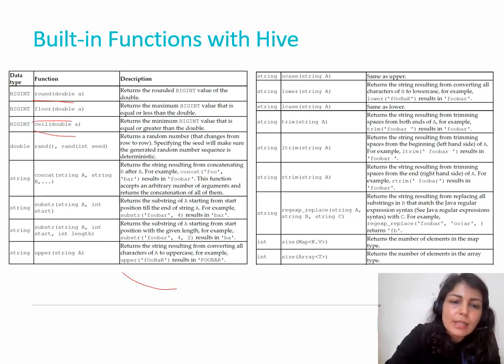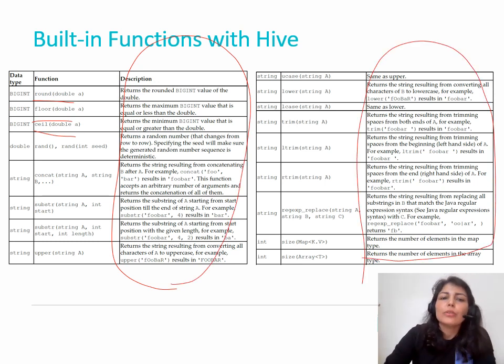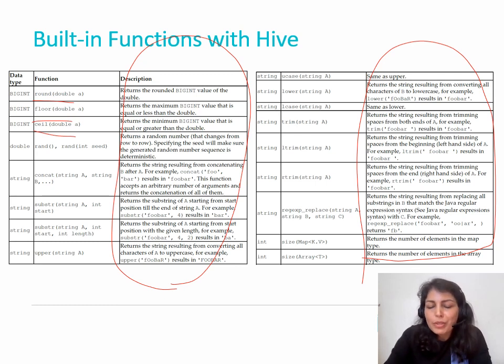So you can see the description in front of each function. We are not going to go through them one by one. They are very simple, and you can read the description of each one, and it's simply understandable.